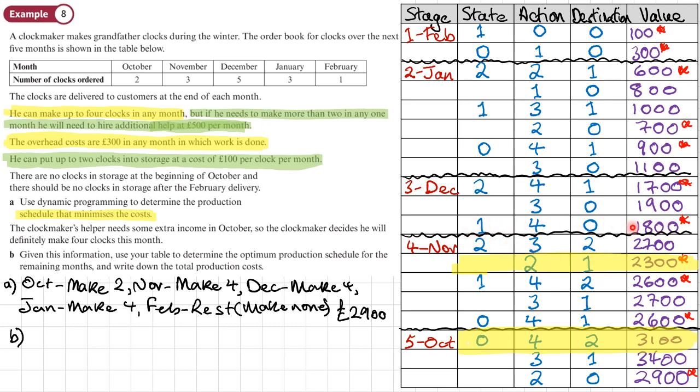4 made this month in December, none carried forward to the next month, so that's going to be this row here. So I want to highlight in the right colour this section, none carried forward, and here 1 carried forward to February, and so that's going to be the very top row of the table here.